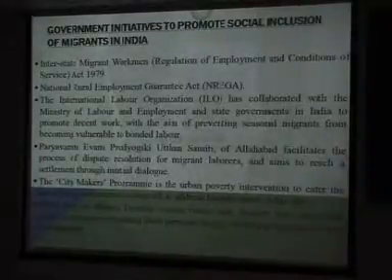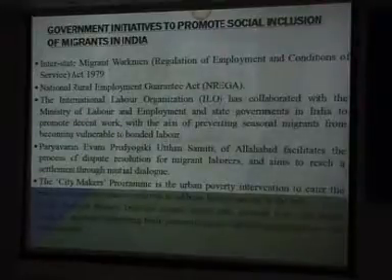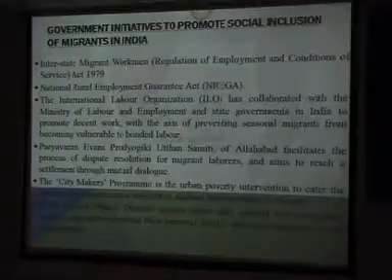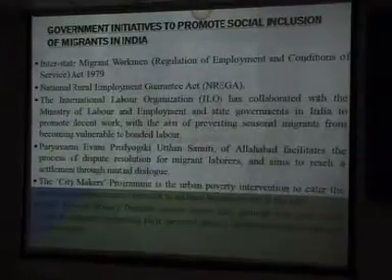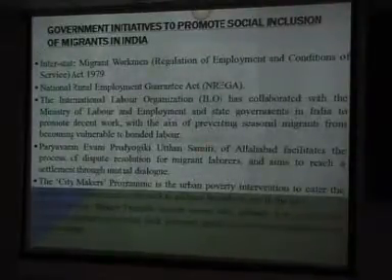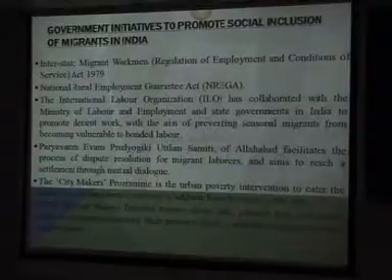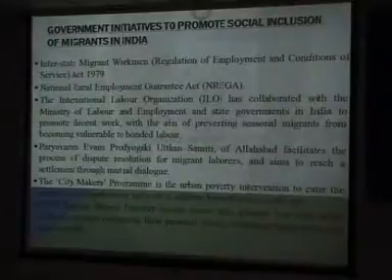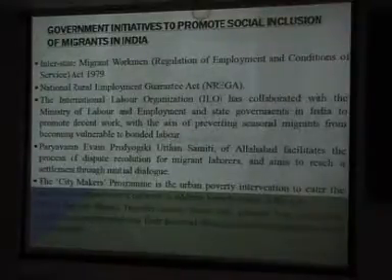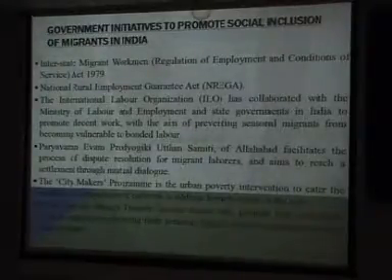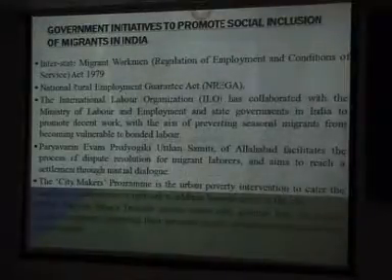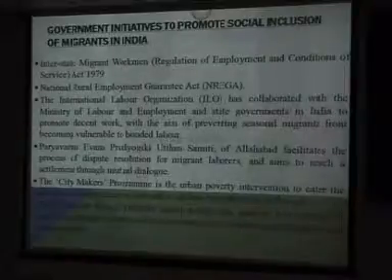The International Labour Organization, in collaboration with the Ministry of Labour and Employment and the state governments, has worked to promote decent working conditions for the migrants. Then Paryavaran Evam Pradyogiki Utthan Samiti of Allahabad is also doing a great job in Allahabad. Then the City Makers program is an urban poverty intervention to cater to the need for a comprehensive network to address homelessness in the city.